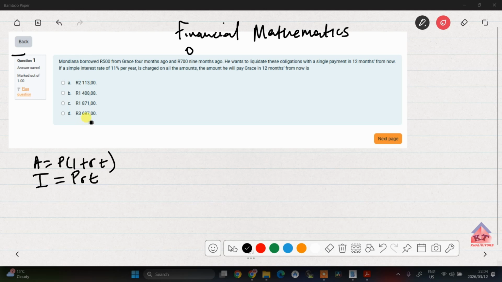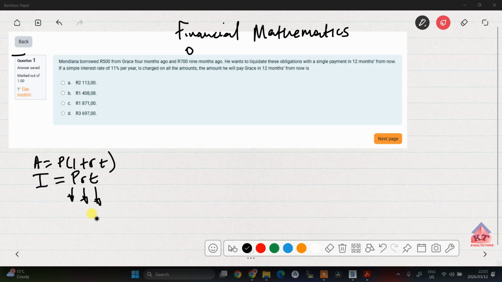But before we read the statement, I think it's important that I give you a little bit of a hint. Here we stated that this is the principal amount, this is the interest rate, and then this is time in years. If we are given months, we know that each year has 12 months.